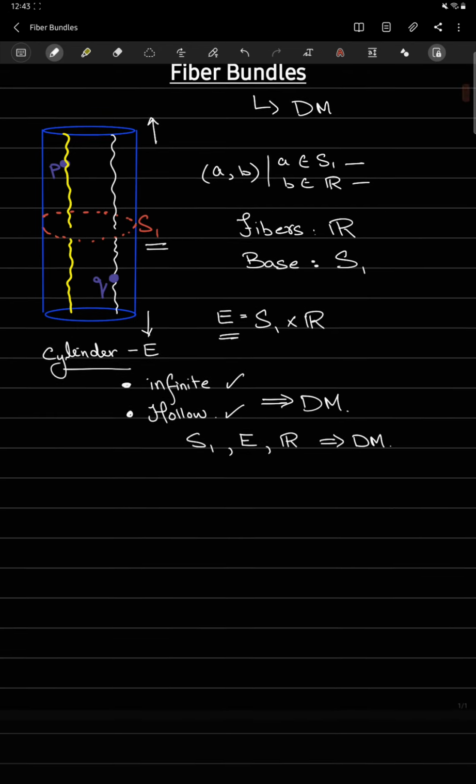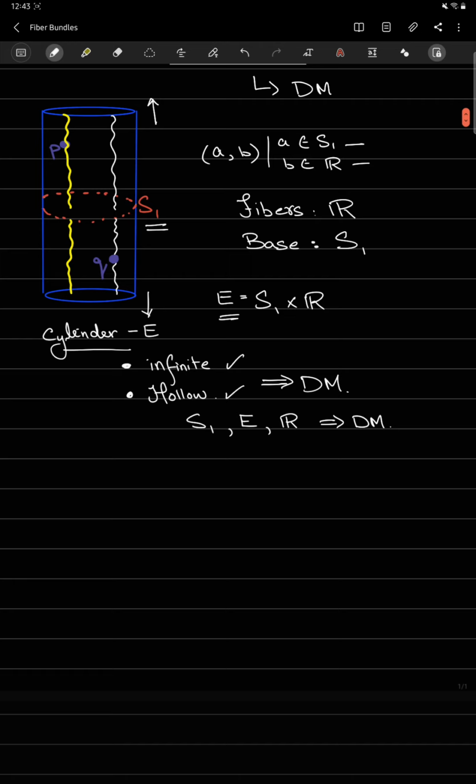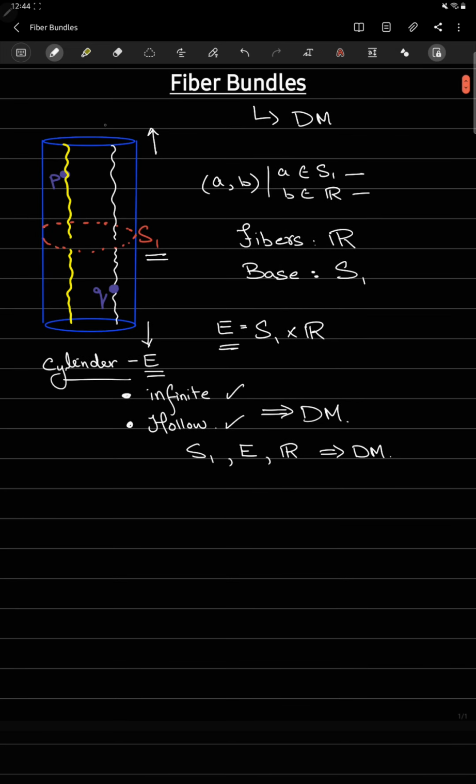Now let me explain a bit more. Let's not take a particular point, because every point on this cylinder E is associated to a particular base space and fiber. If you look at this diagram, you can see that there is a base space S1 and some fiber coming out of that S1. So you could think of the fibers as threads protruding out of a base.